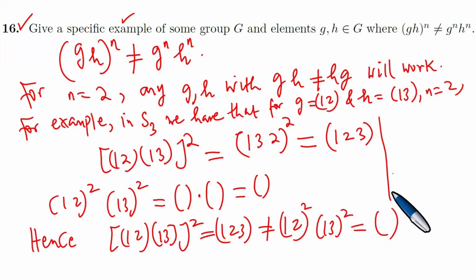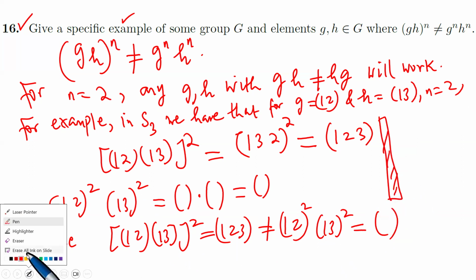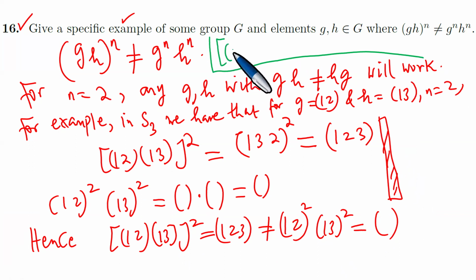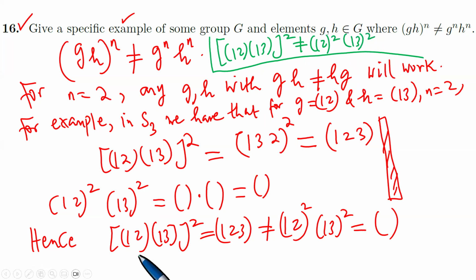We can confidently say without any shadow of doubt that whenever we have 1, 2, 1, 3 and you square this, it is not equal to 1, 2 squared, 1, 3 squared. Let's check this. Yeah, these are not equal to each other.